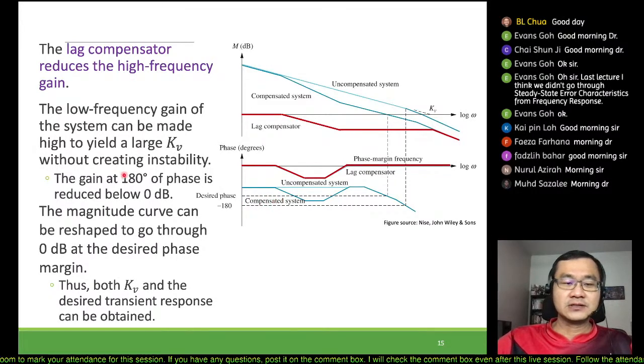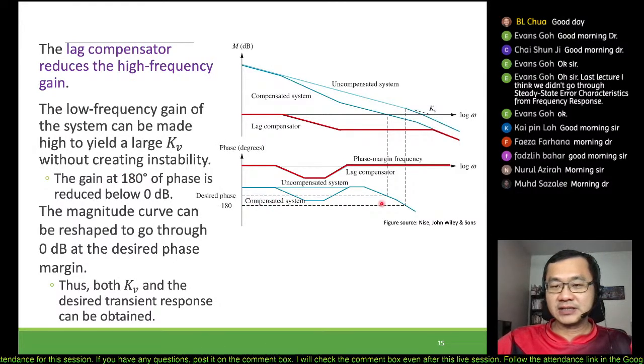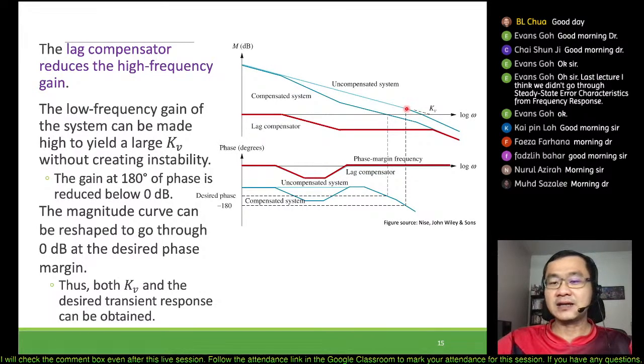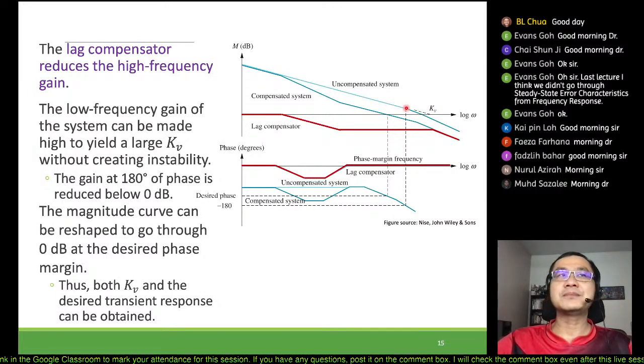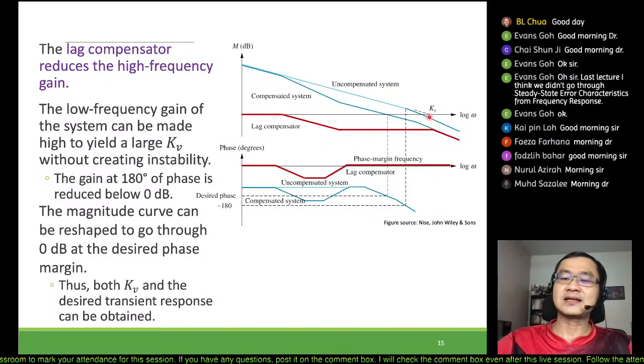So you can see that originally, if it is at 180 degrees, the system is actually unstable. And if you want to get the Kv, you draw a minus 20 dB per decade line, and you get the Kv value, right?